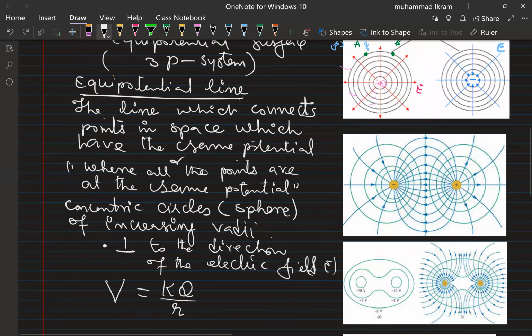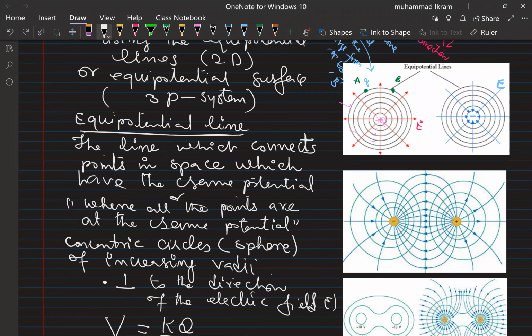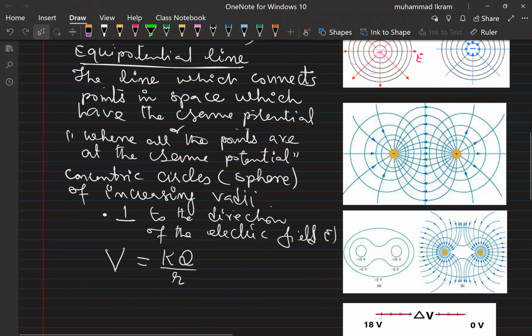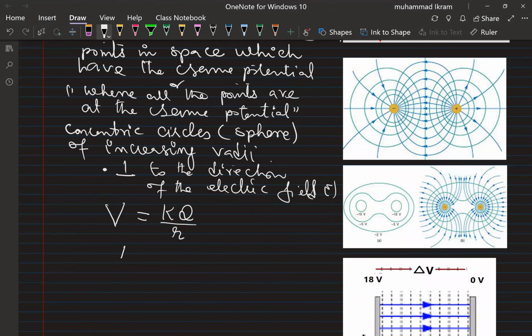So the potential at the point A will be equal to kQ by r.